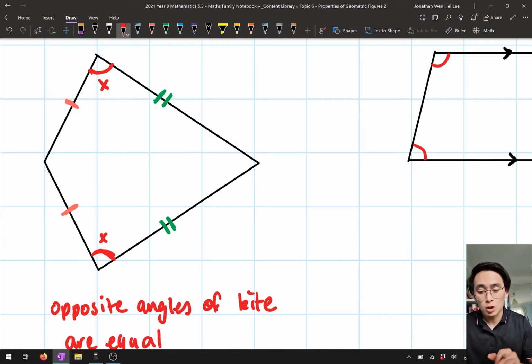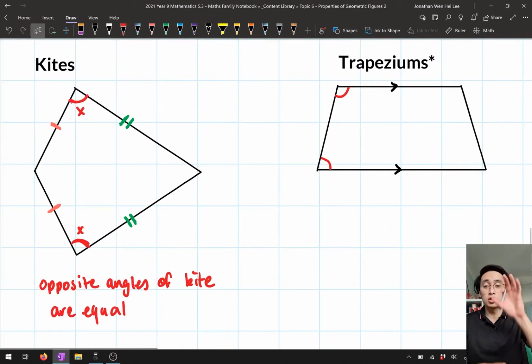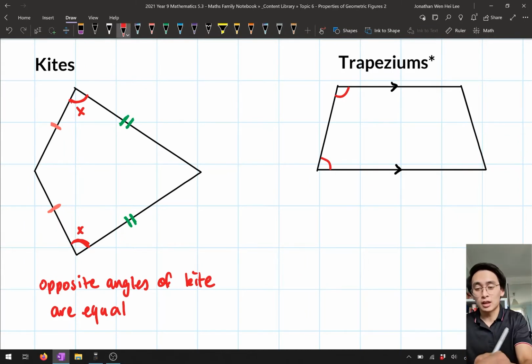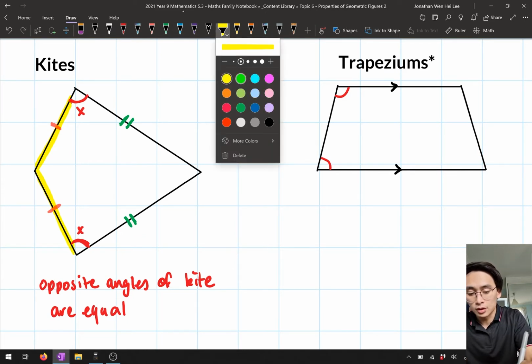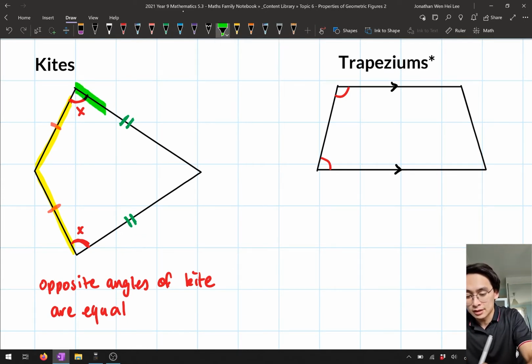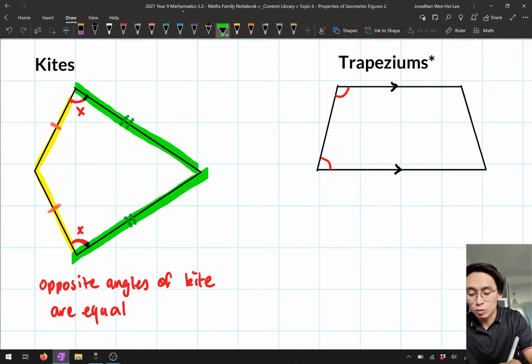Okay, so that's the first special property we want to be aware of. If I have a kite, the two opposite angles where the two pairs of sides meet, for example this side and this side, those two angles that are opposite each other will be equal.